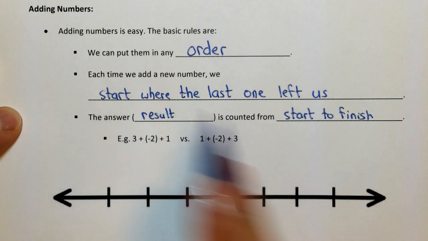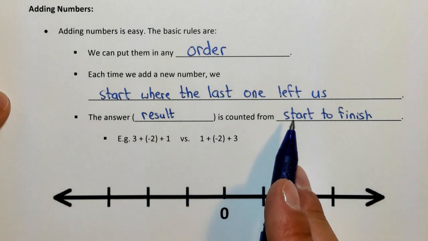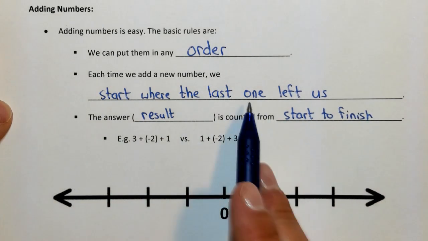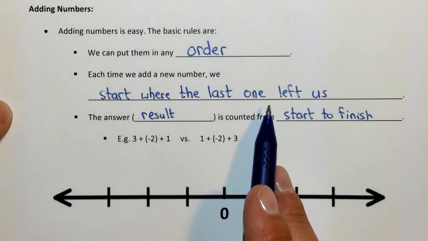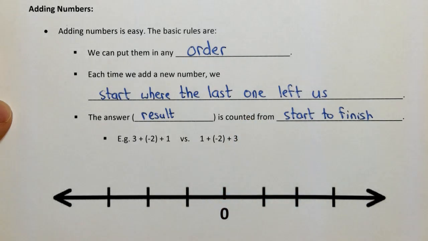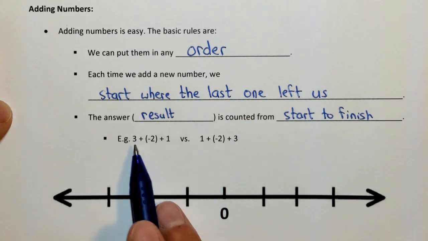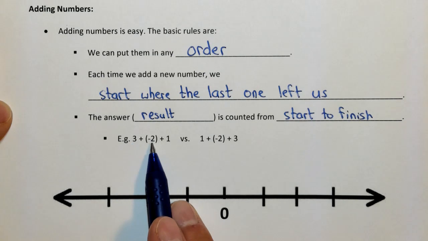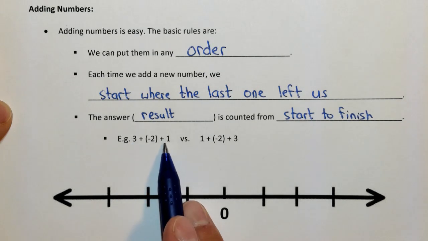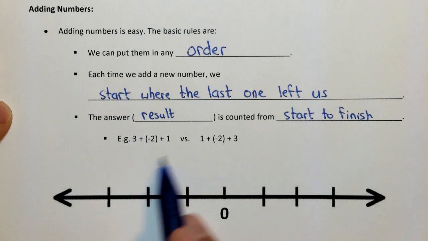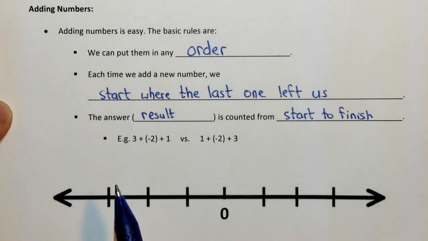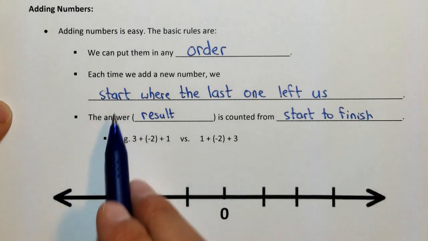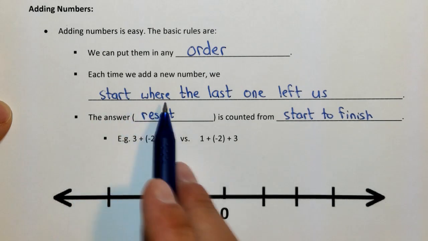Now these last two points maybe don't seem that obvious, exactly what I'm trying to say here. So I'm going to demonstrate it with an example down here. So here are three numbers, 3, -2, and 1. And we're going to add them together. So what do I mean when I say each one starts where the last one left us?